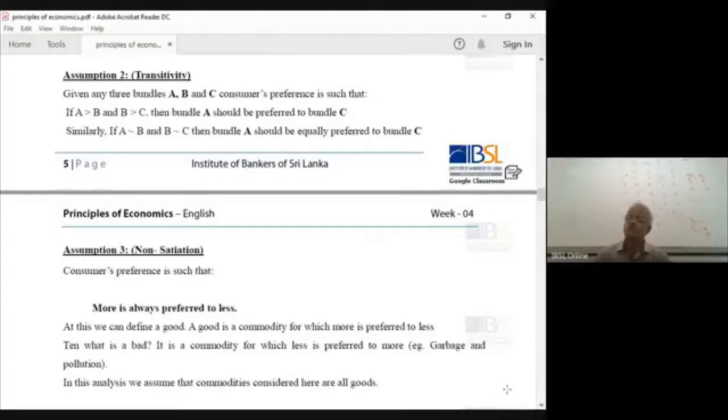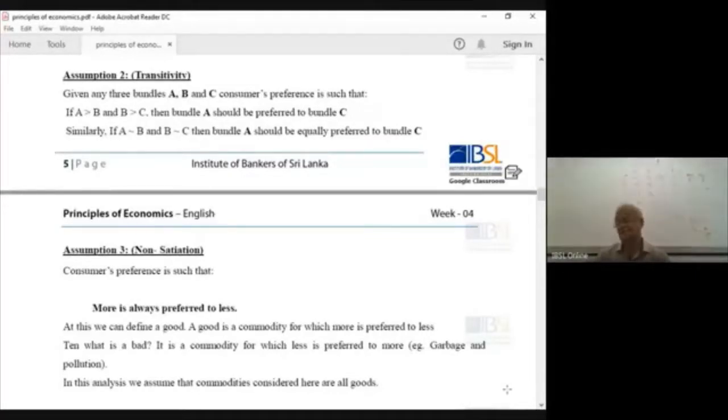Less is preferred to more for garbage, pollution, unemployment. The economy prefers less unemployment to more unemployment. COVID-19 is bad. Why? We don't like COVID-19. We always want fewer and fewer people affected by COVID rather than more and more. That is a bad.